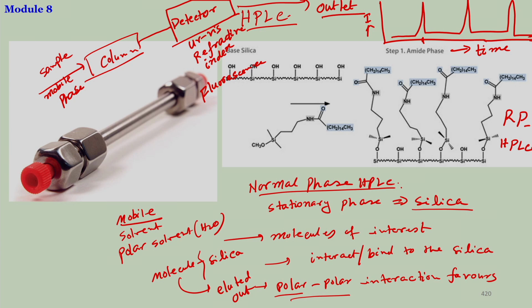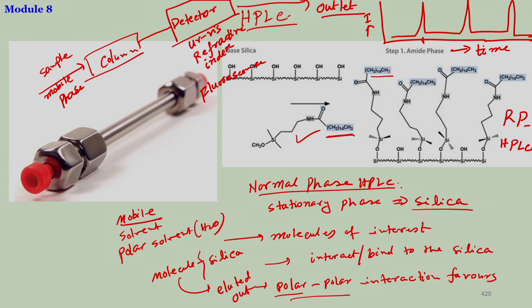So, for the reversed phase HPLC, you have to modify the stationary phase, which was silica, by changing its polarity. So, it was polar, now you are making this surface non-polar. So, that is why you are reversing the phase, and that is done by reacting the silica with this compound. At the end it has a long carbon chain.